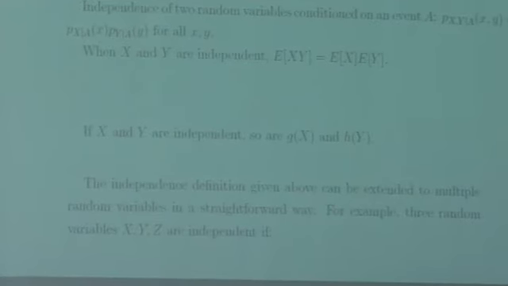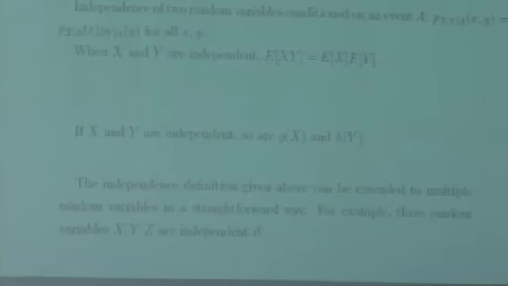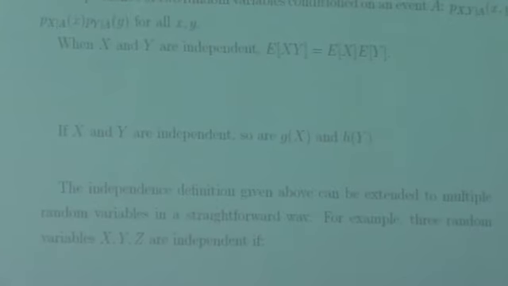Okay. Just like expectation, we can consider any function of X, g of X, and any function of Y, h of Y. Okay? And g of X is independent of h of Y for any g and h. Why? G of X is a function of a random variable, so it's a random variable itself. H of Y is a random variable itself, and they are defined on the same probability space.